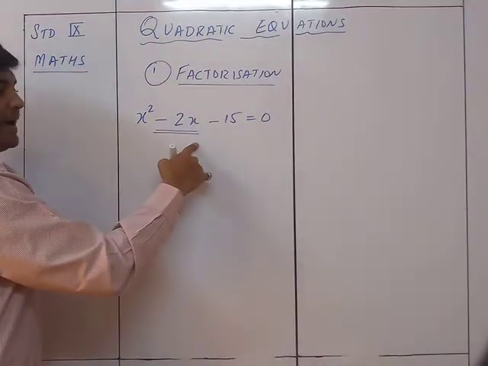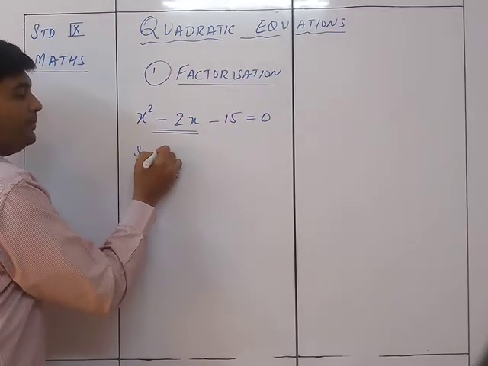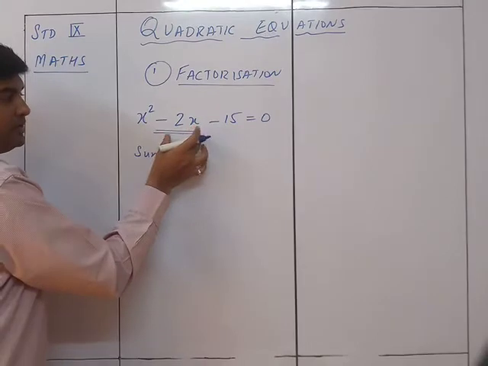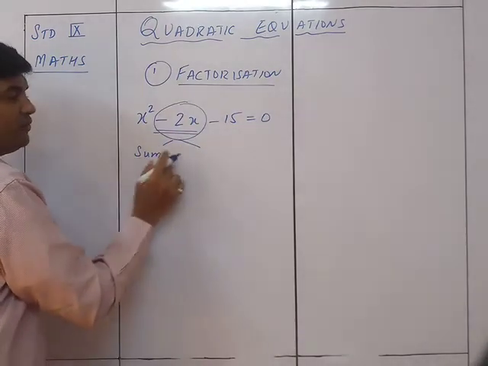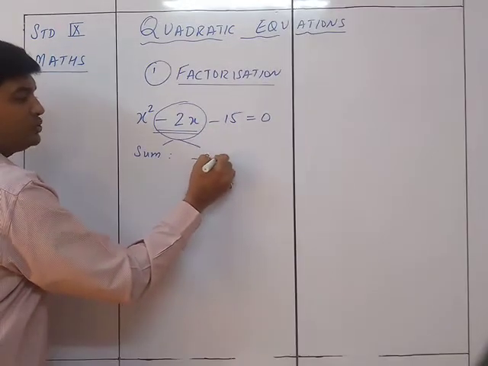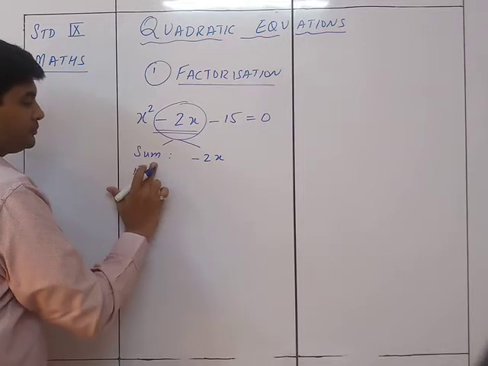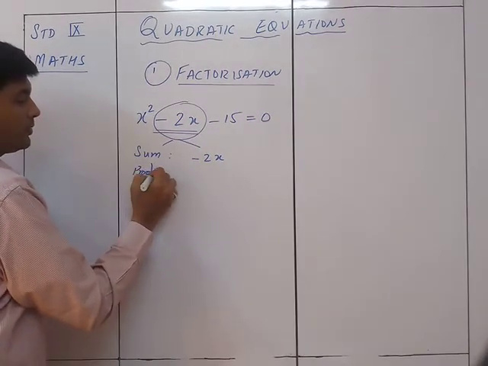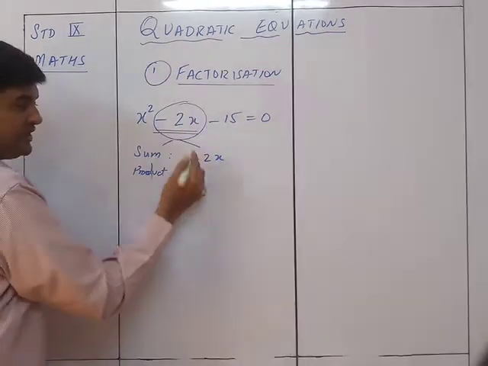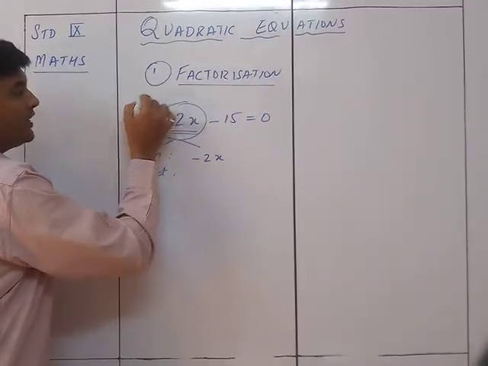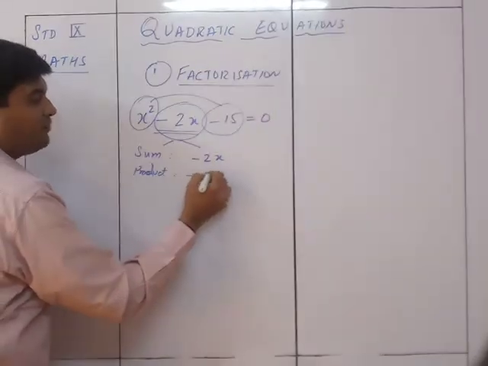We are going to split minus 2x into two parts whose sum will be equal to minus 2x, and the product of the two numbers will be equal to the product of the first and the last term, that will be minus 15x square.